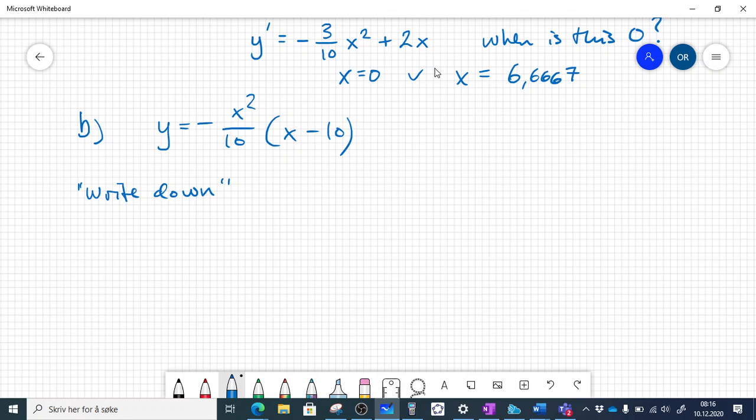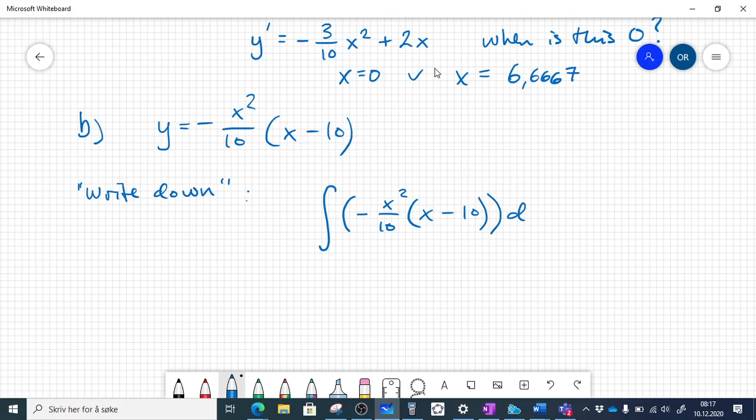A definite integral needs to have boundaries. So you need numbers below and on top of this symbol here. But other than that, it's just to put in the function inside here. So this is the equation for the curve.